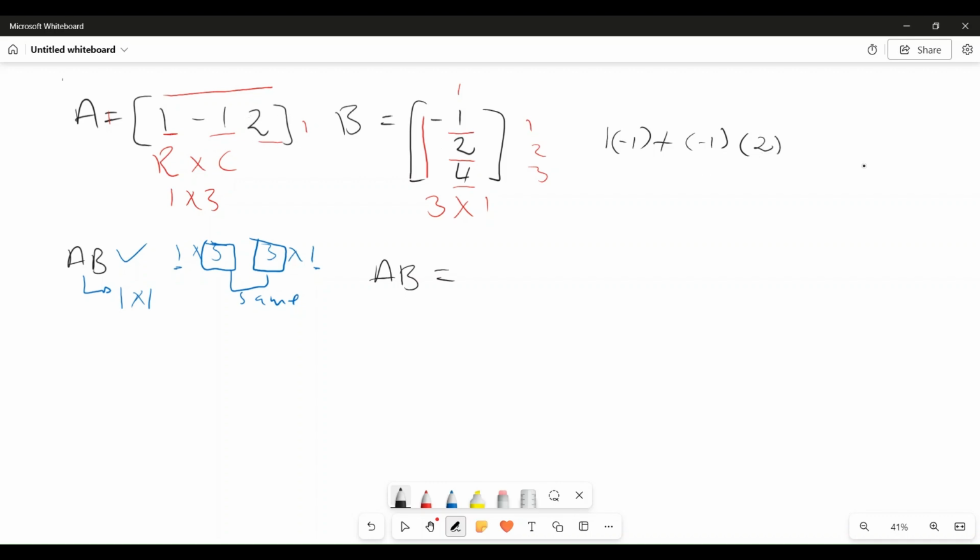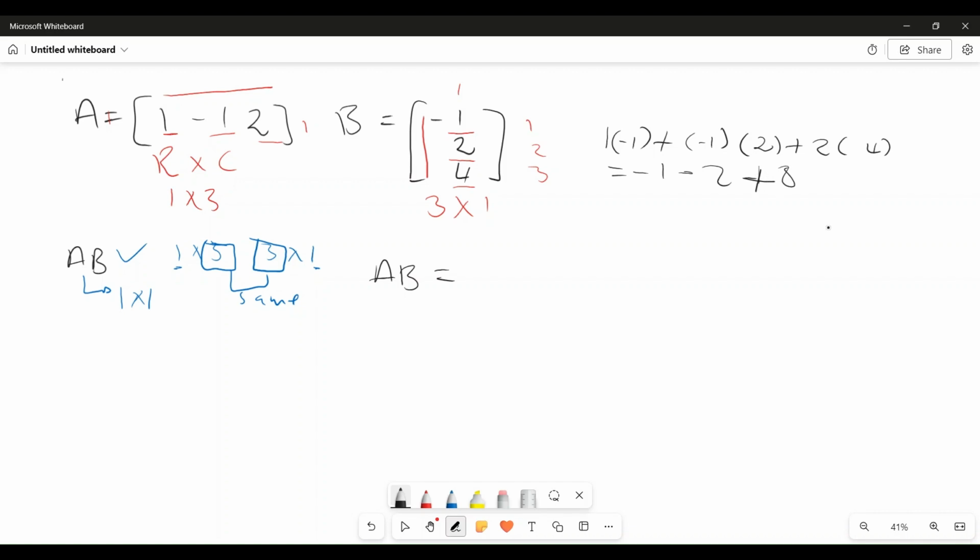Then plus 2 multiplied by 4. 4 is the last one there. Okay, so that product gives us negative 1, then negative 1 by 2 gives negative 2, then 2 by 4 gives plus 8.